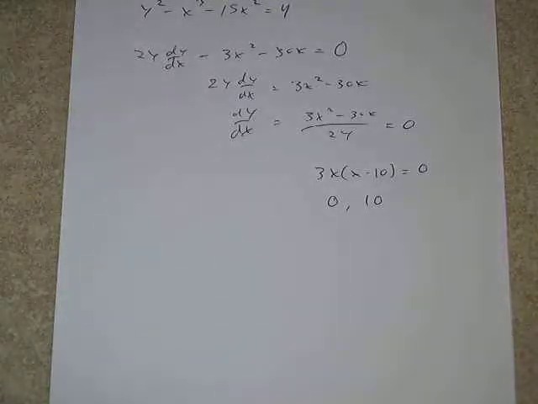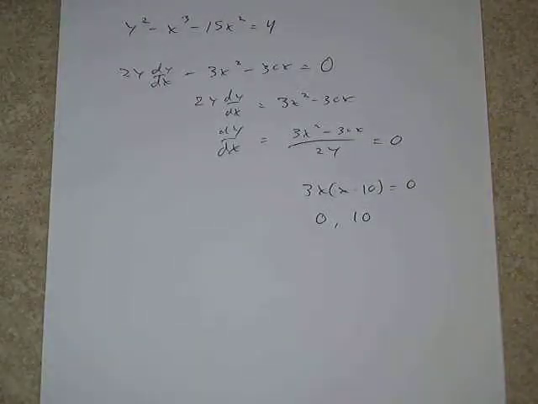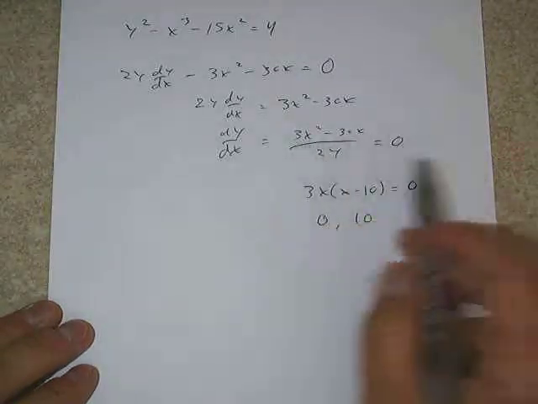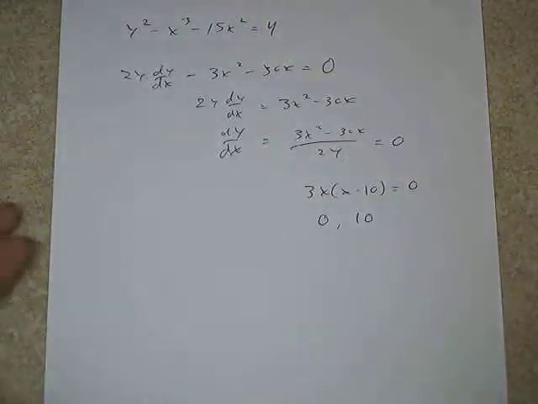Right? So that being our derivative, if we set that equal to 0, what do we know about a fraction equaling 0? This fraction would equal 0 when the top equals 0. So if we factor out a 3x, we get x minus 10 equals 0. So 0 and 10 would be the 2 points where we have a derivative equaling 0.